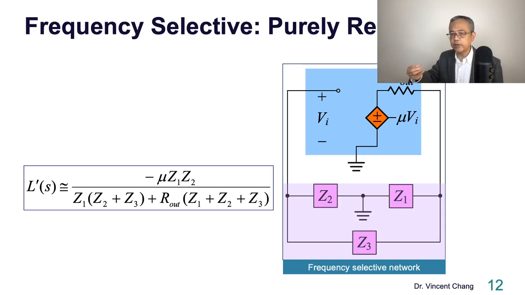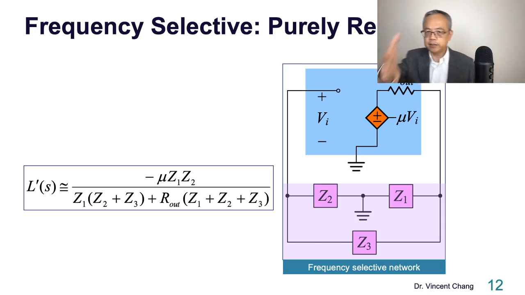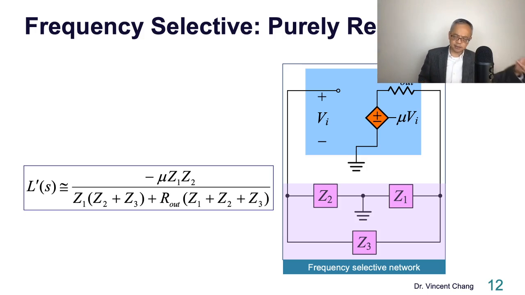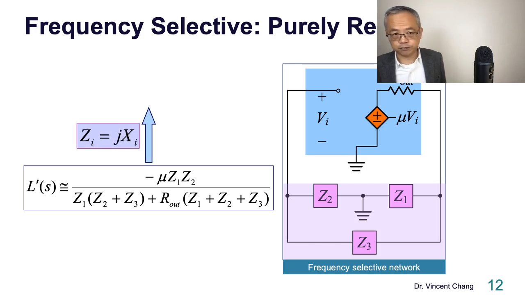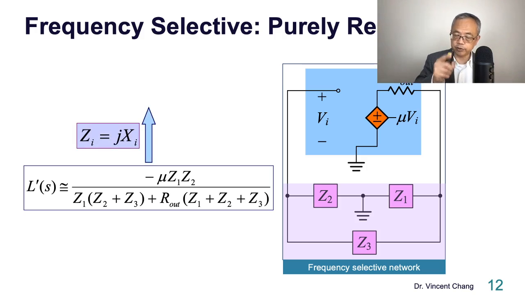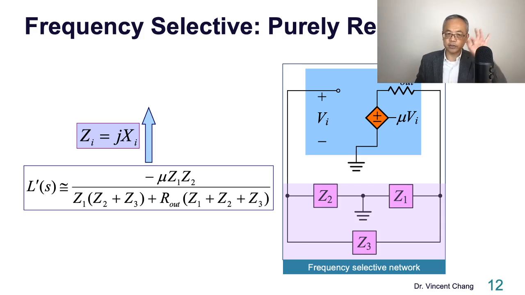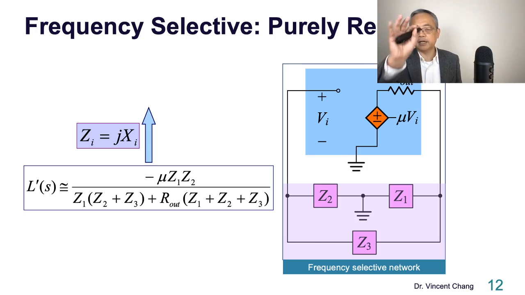If the imaginary part is positive, then it's inductive. If the imaginary part is negative, then it's capacitive. So either capacitive or inductive. Z1 equals jX1. Z2 equals jX2. Z3 equals jX3. If X is larger than 0, positive, that means inductive. If X is less than 0, negative, that means capacitive.